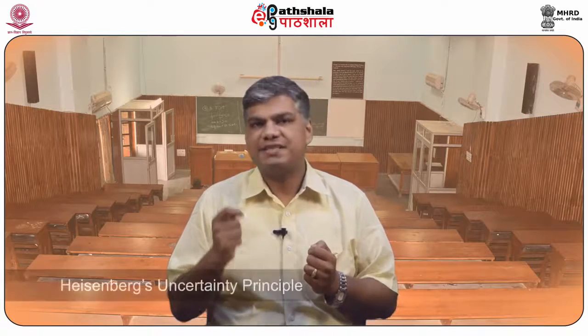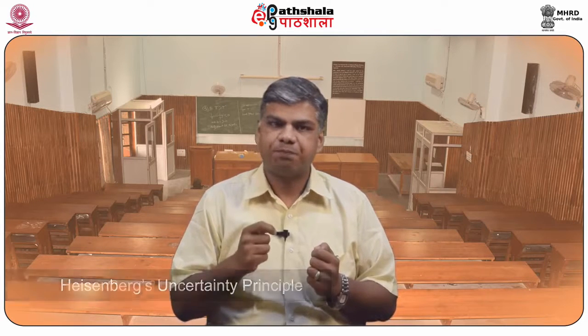Now, students, let us summarize what we have learned in this module. Firstly, we came to know the statement of Heisenberg's uncertainty principle for all the three conjugate coordinates, that is, position and momentum, angular momentum and angular displacement, and energy and time.